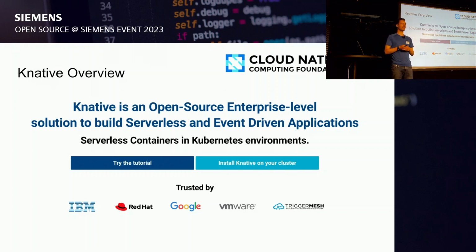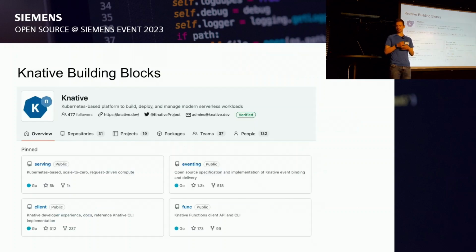So Knative is an open source solution. It's now a CNCF incubating project, and it's there to build a serverless platform, but not a vendor-specific one, but a more generic one. So you can install this thing on any Kubernetes-based platform, and it has more moving parts. It's built out of 4 building blocks.